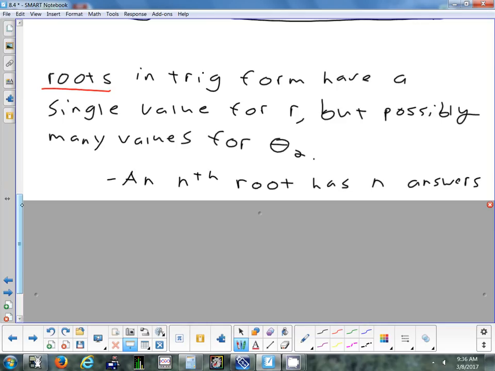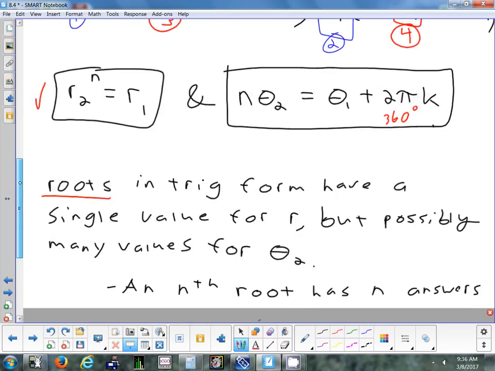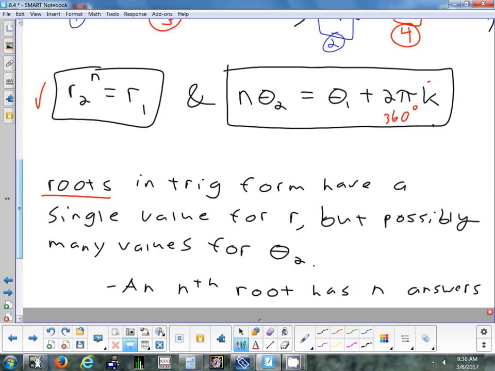And how you find the answers all has to do with k. If you have 2 answers, the way you would find them is you would plug in a 0 for k, and you would plug in a 1 for k. 0, 1. There's your 2 answers. If you had 3 answers, you would plug in a 0 for k, a 1 for k, and a 2 for k. 0, 1, 2.